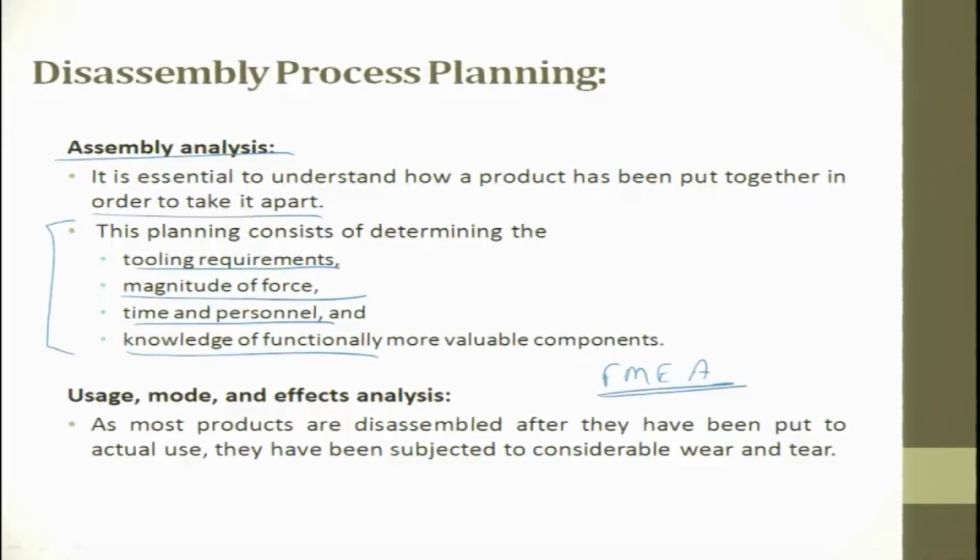So, first we saw product analysis, assembly analysis, then usage, mode and effect analysis. As most products are disassembled after they have been put to actual use, they have been subjected to considerable wear and tear, which is covered by usage, mode and effect analysis.